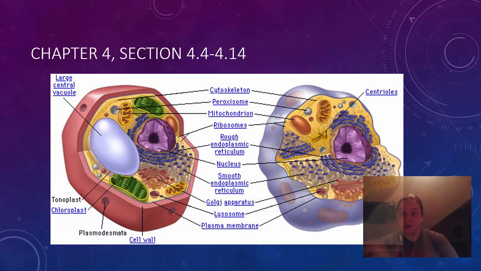Last but not least, over the far right, you'll see centrioles. Now, centrioles do appear in both plant and animal cells, even though here they're only labeled in animal cells.